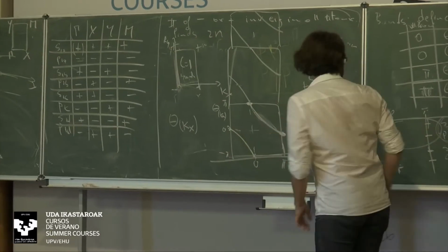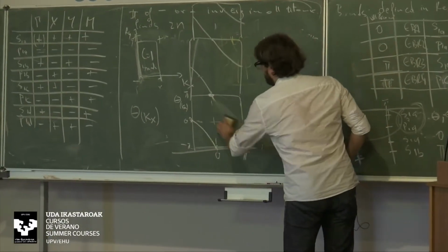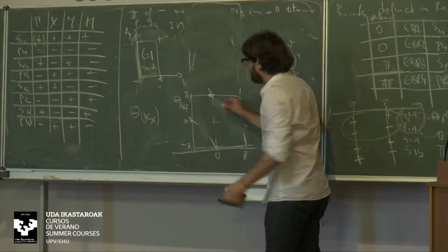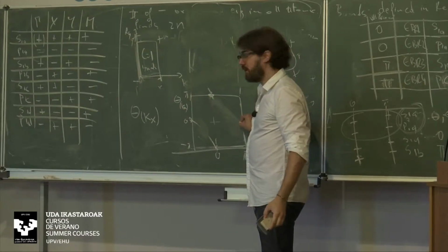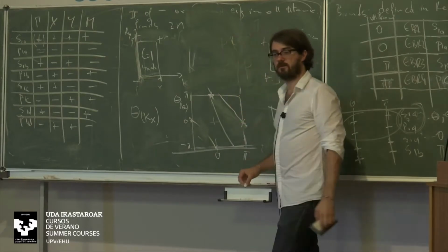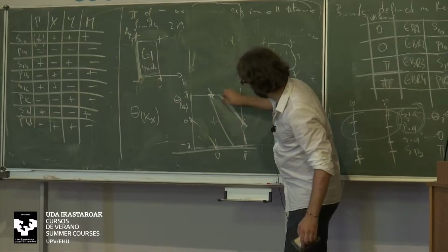For example, let's make this with the same inversion eigenvalues. The thing is, with these inversion eigenvalues, I only know what's happening here and here. Right? So I could have this. Okay, this has to be continuous, so it's here. Right?